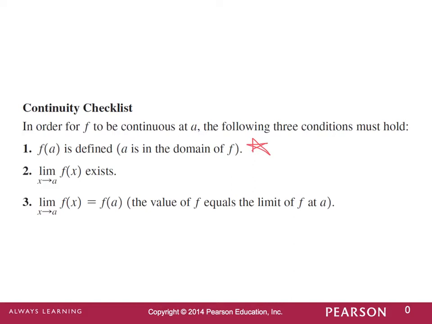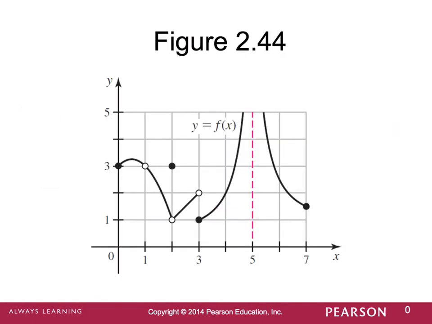Using that definition, we can look at this graph and identify a few points of discontinuity. First off, at x equal to 1, that is a point of discontinuity because f of 1 is not defined. We don't have a defined point for f of 1.